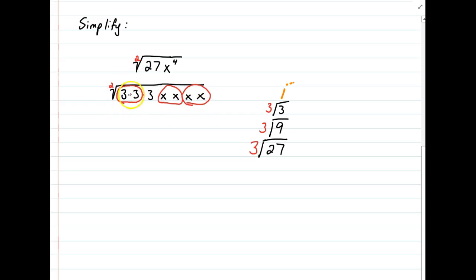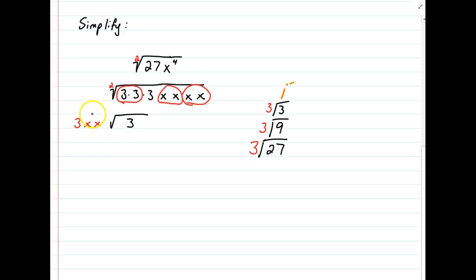And every time we circle something, we write it on the outside. So I have the 3 on the outside. I have this x on the outside. And since I circled 2 sets of x's, I have 2 x's on the outside. And now we just rewrite it with what's remaining on the inside. Anything that's not circled remains on the inside, and so that's a 3.